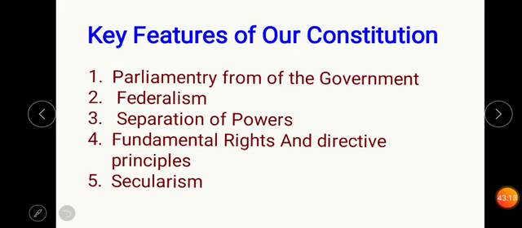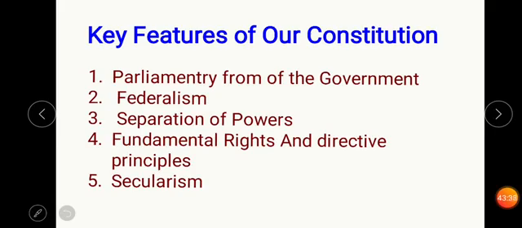In an effort to fulfill the aspiration of all the Indians, the makers of our constitution did not hesitate to borrow many provisions from other countries which had already experimented with democracy.